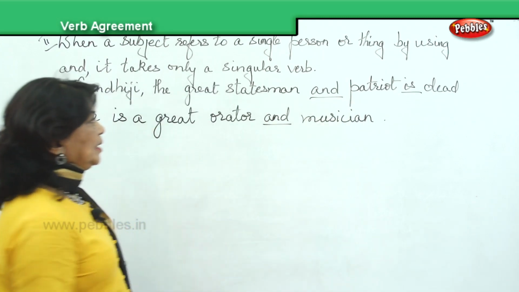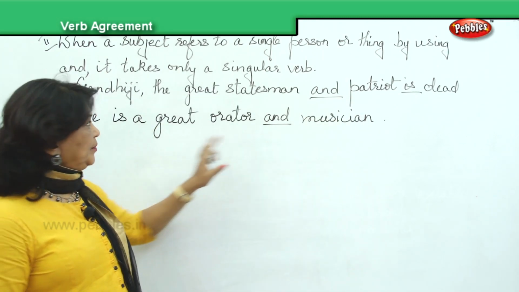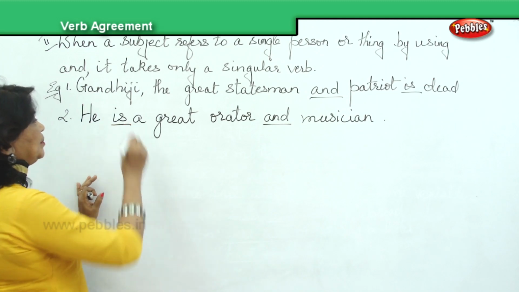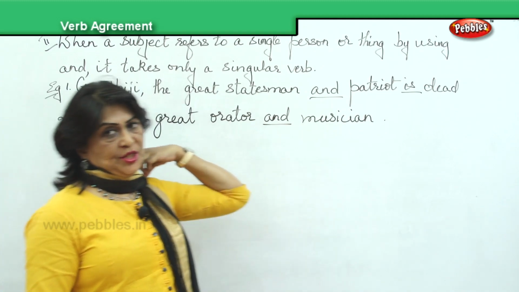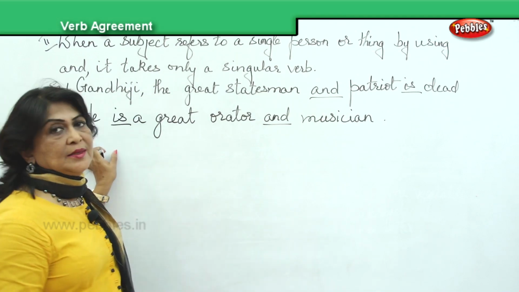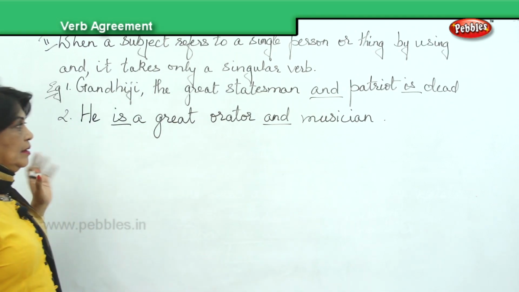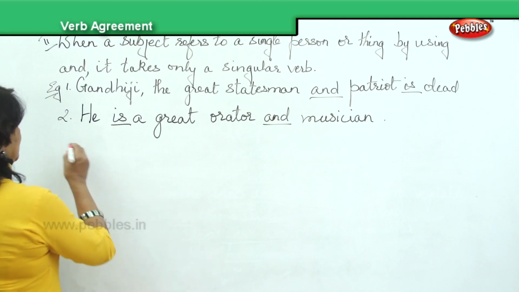Both the places I am using and, but we are using only a singular verb because these two, orator and musician, refer to a single person, he, whoever that person is.